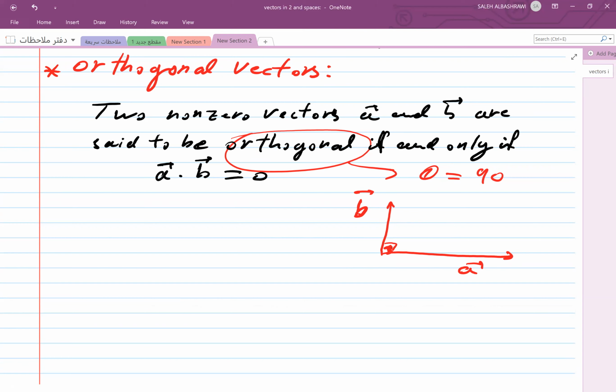Let's see this one now. Take one example for the orthogonal.